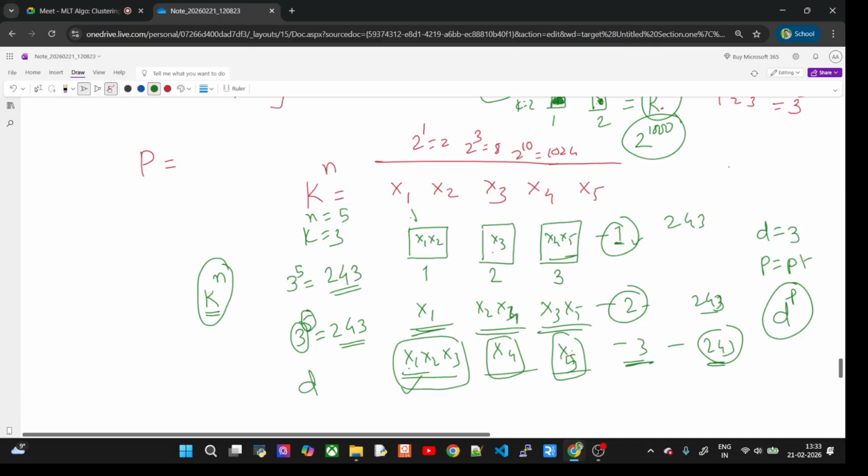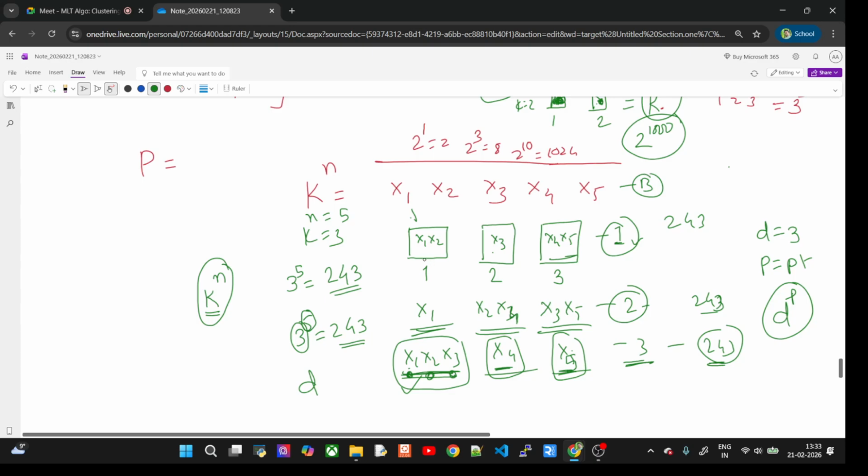I arrange x1 x2 x3 together, x4 and x5 together. For example, there are 5 kids, and you want to create groups for playing some games.